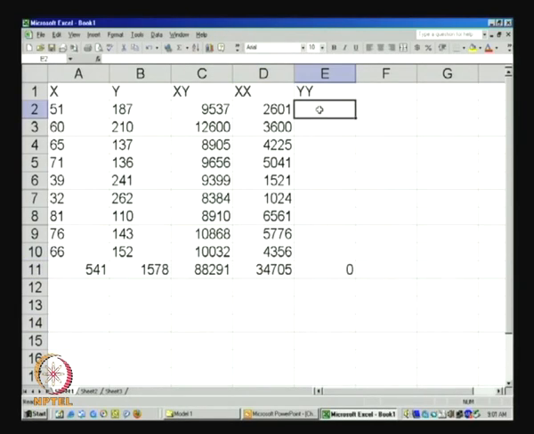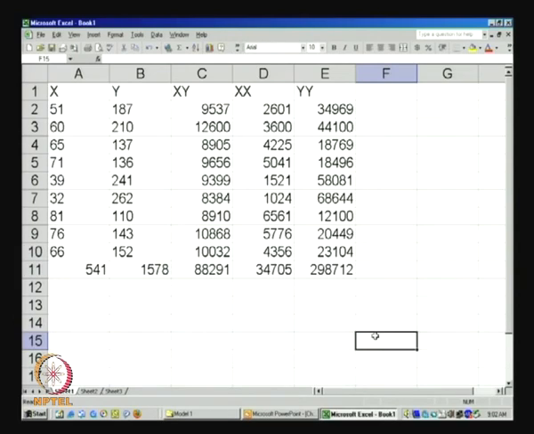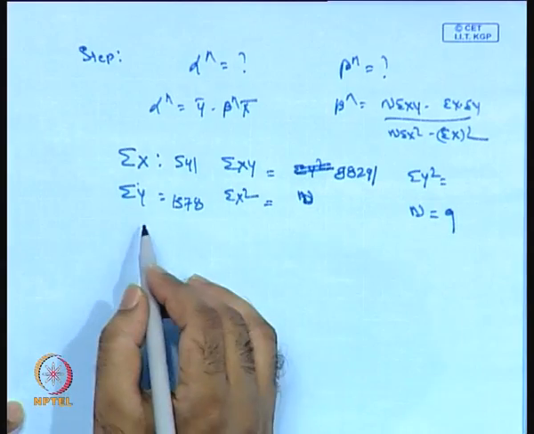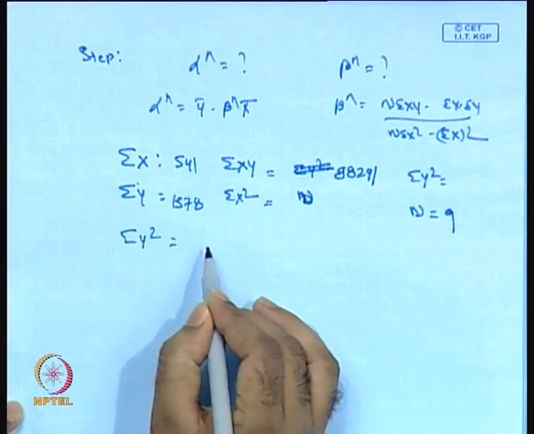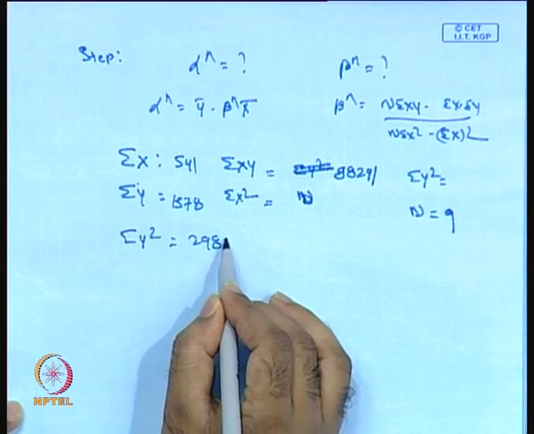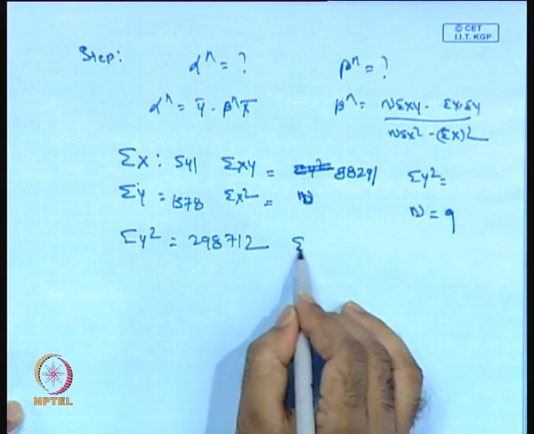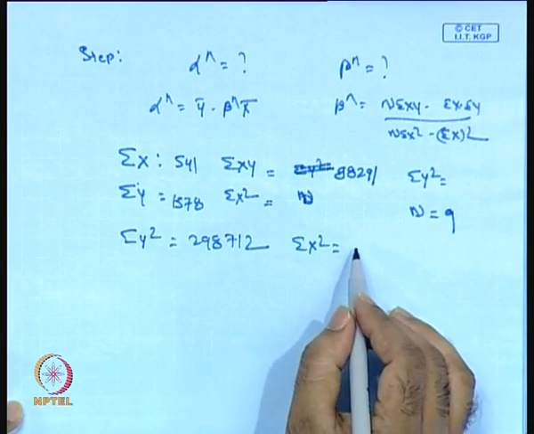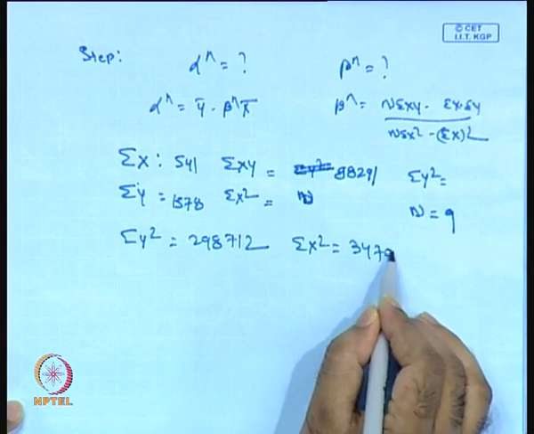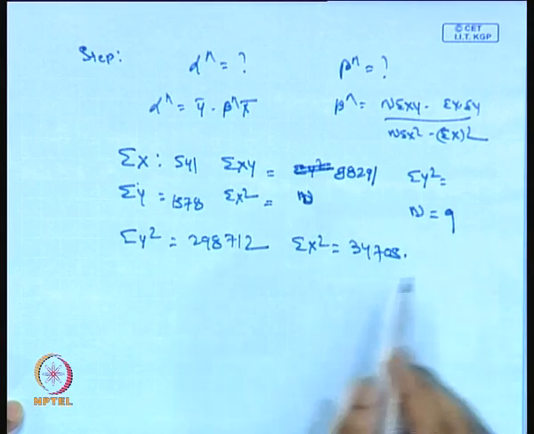Now here for y y we have to fill this series, y multiplied again by y, because we need to know the summation y square. Again you scroll these items. Now what we have received is that summation y square is equal to 298,712, and summation x square is equal to 34705. Okay, n is already here.